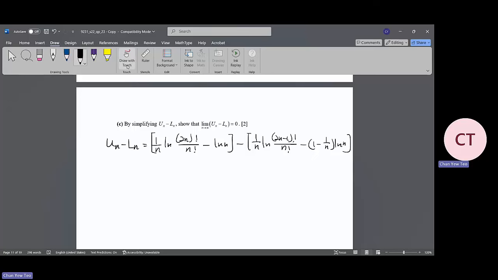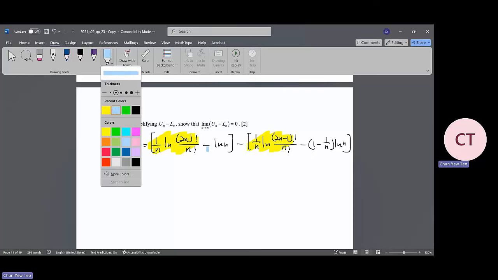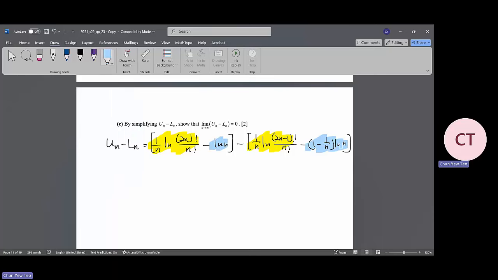Okay, so we are focusing on the yellow minus the yellow and the blue minus the blue. So we're focusing on them separately. So for the yellow color part, it will be un minus ln. So it will be 2n factorial over n factorial multiply n factorial over the 2n minus 1 factorial.